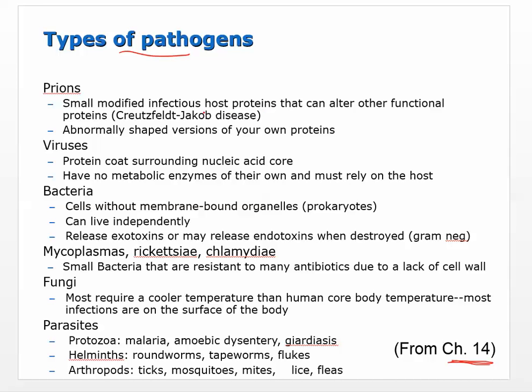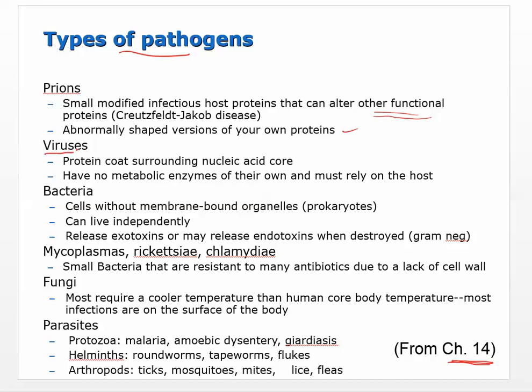So the way that's defined is that they're infectious host proteins that can alter other functional proteins. This is not that unusual, that you have a protein that helps fold another protein. In this case, they're just doing it wrong, and they can cause Creutzfeldt-Jakob disease, which is a brain abnormality. Mad cow disease, that's another one.